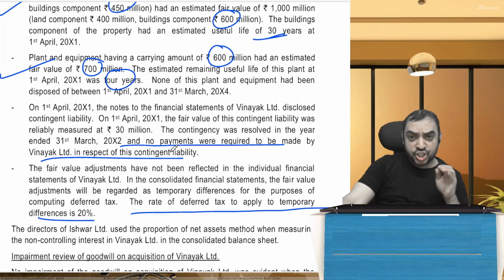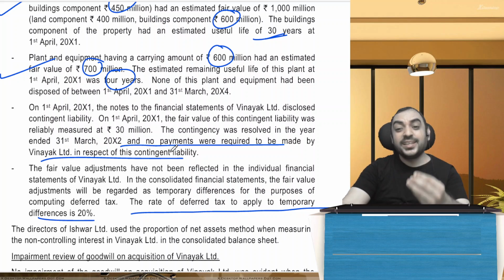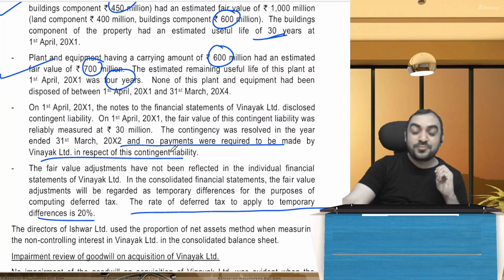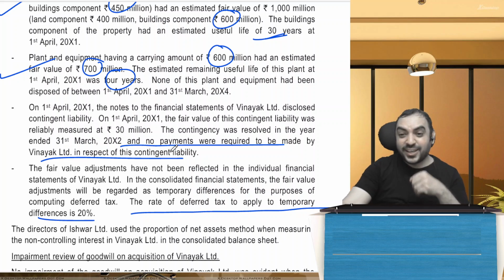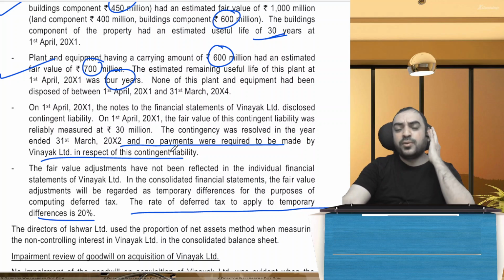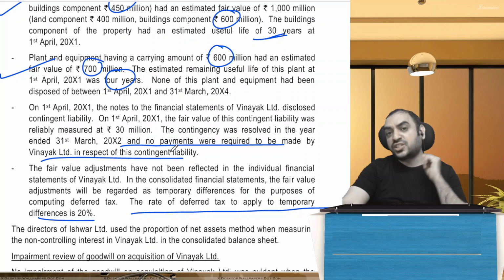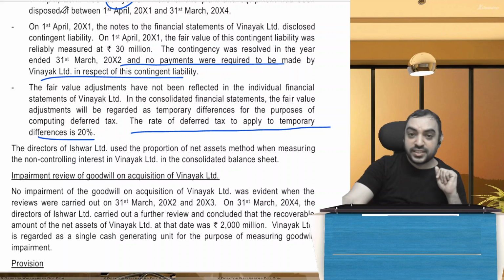A contingent liability is normally disclosed in notes to accounts, but as per Ind AS 103, it is recognized as part of net assets taken over, and therefore we should take it very similar to a revaluation adjustment in our working note format. It's a loss. And subsequently, when the contingent liability is resolved with no payment needed, that will be transferred back to the consolidated P&L account, and the corresponding deferred tax impact we should consider.